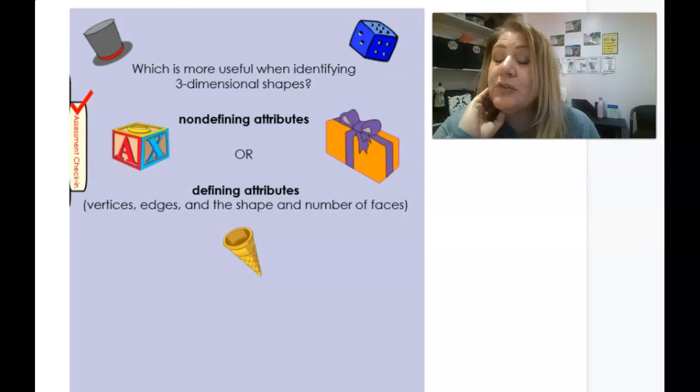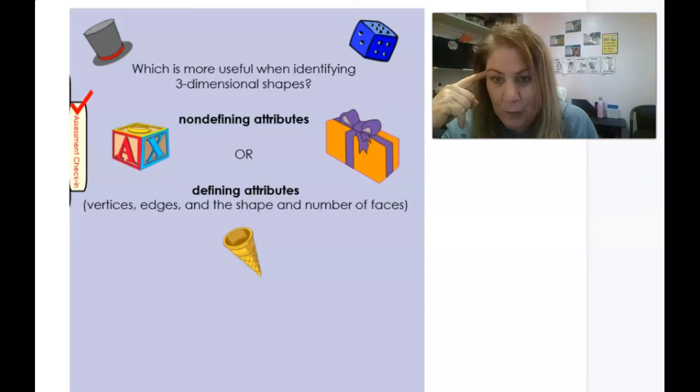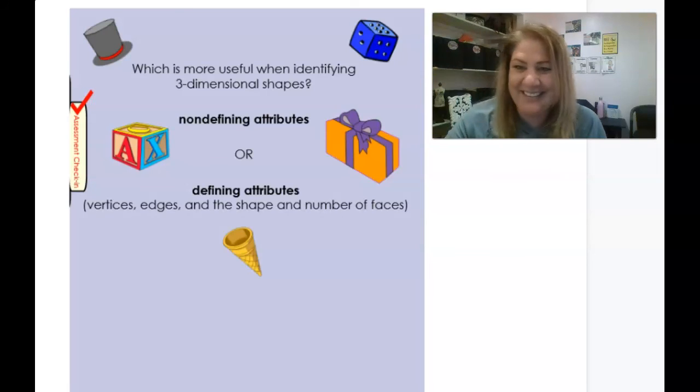Is it more useful to have a defining attribute? Or is it more useful to have a non-defining attribute when you are trying to identify a three-dimensional shape? That's your question for tomorrow. Hold it in your brain. Thank you guys. Have a great day.